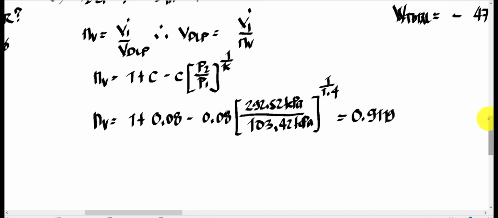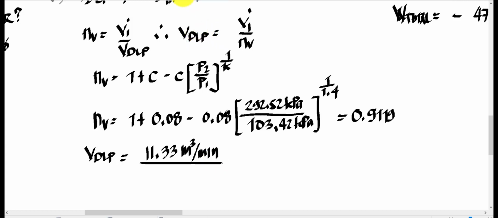we have the volumetric efficiency of 0.9119. Okay. Then substituting that to our volume displaced at the low pressure side. So we have your volume 1 prime during the suction, which is 11.33 cubic meter per minute, divided by the volumetric efficiency, which is 0.911.